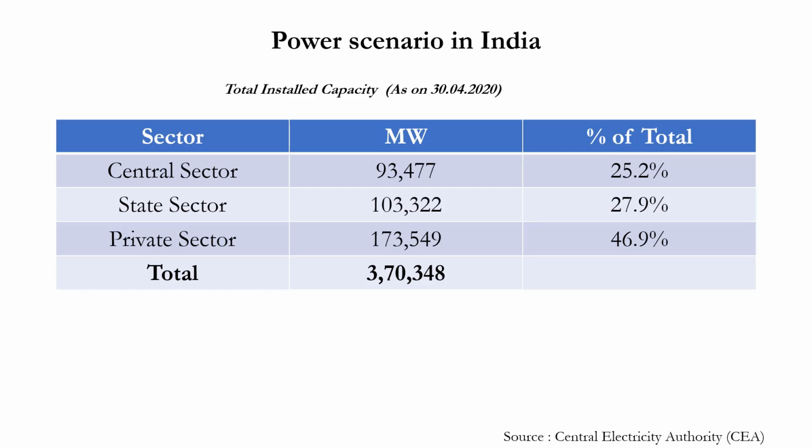This is about 27.9% of total power. Apart from this, the power from the private sector is 1,73,549 megawatts, which is 46.9% of total power. So the total power from central, state and private will be 3,70,348 megawatts.